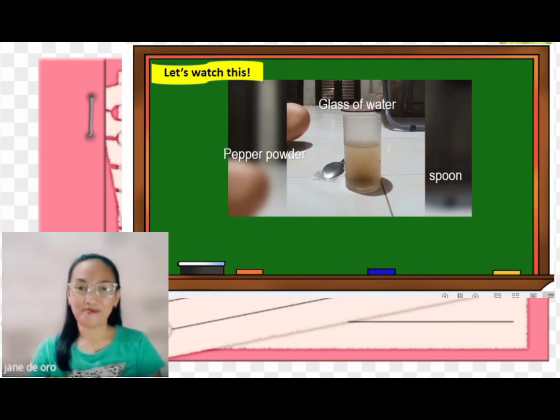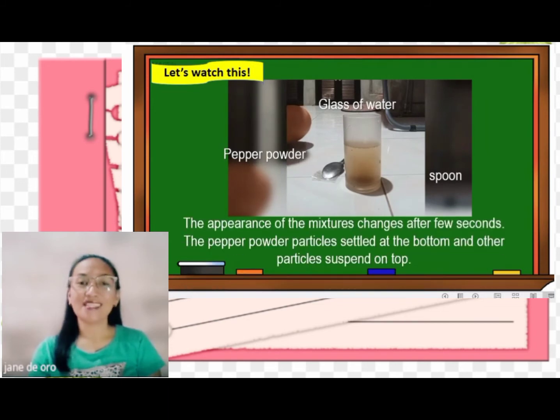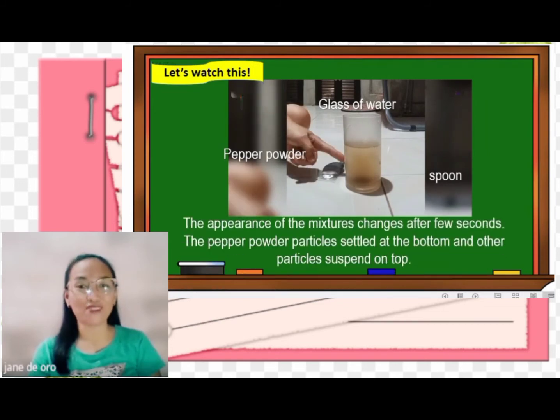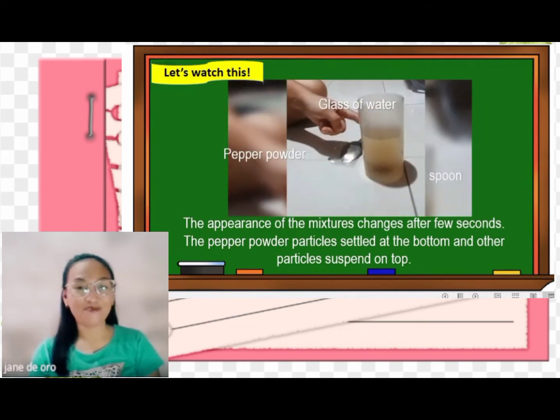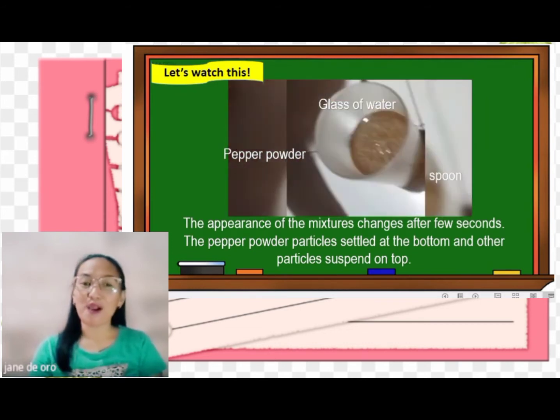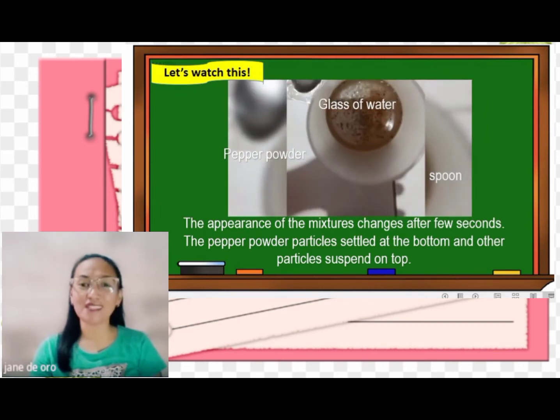Okay, now the appearance of the mixture changes after a few seconds, right? The pepper powder particles settled at the bottom and the other particles are suspended on top. And this is what we call suspension.